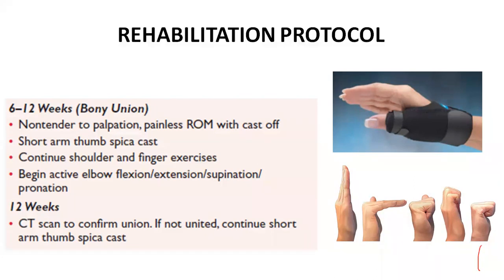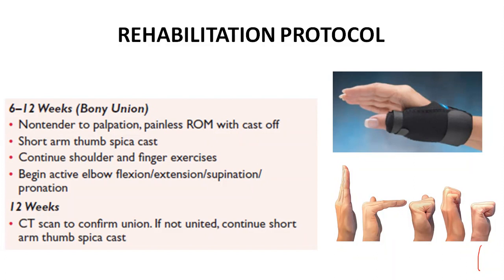The shoulder and finger exercises, which we have discussed and which were started in the initial phase, should be continued. Begin the active range of motion exercises for elbow flexion, extension, supination, and pronation. That should also be started in this phase. At the 12-week CT scan or the PA glide scaphoid view, they can be used just to confirm that union.